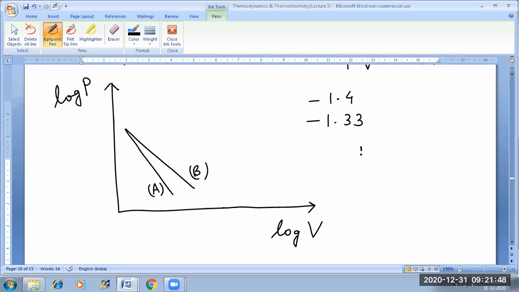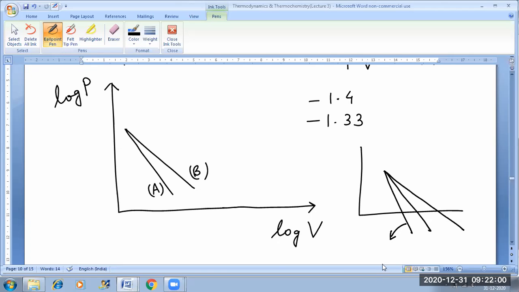Mathematically, if I have different lines, then I can say that this line has the most negative slope, and this has the least negative slope. More negative is minus 1.4 than minus 1.33.